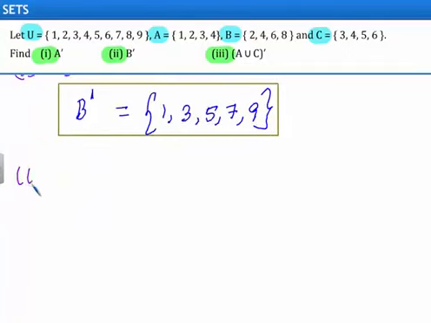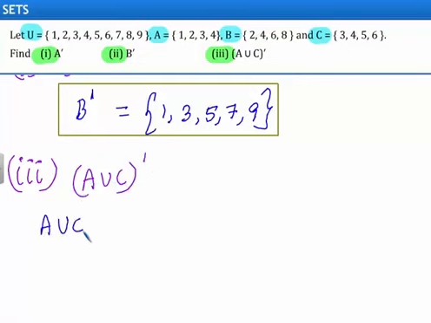In the third part of the problem, we need to find the complement of the set A union C. So for that, first let us find A union C. A union C will be equal to 1, 2, 3, 4, 5, 6.